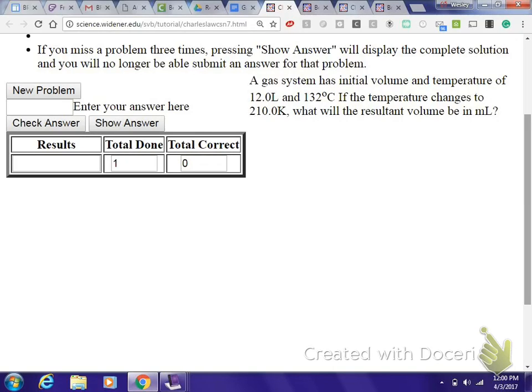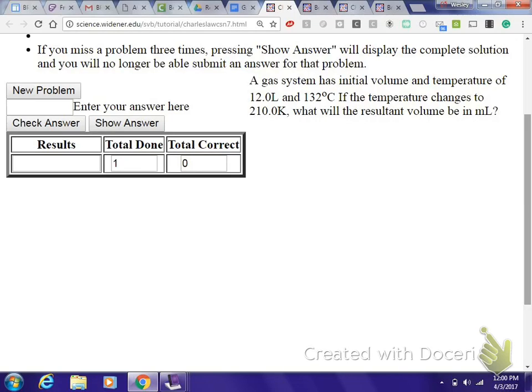So 405 Kelvin. My ending temperature, T2, is 210 Kelvin. It's wanting the volume in milliliters. I got a problem with milliliters and liters, so we can either convert before or afterwards. Let's convert before. So the 12 liters, how many milliliters is that?